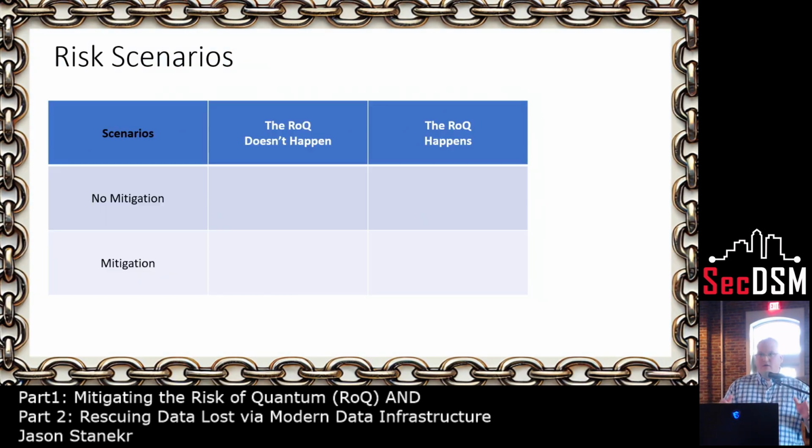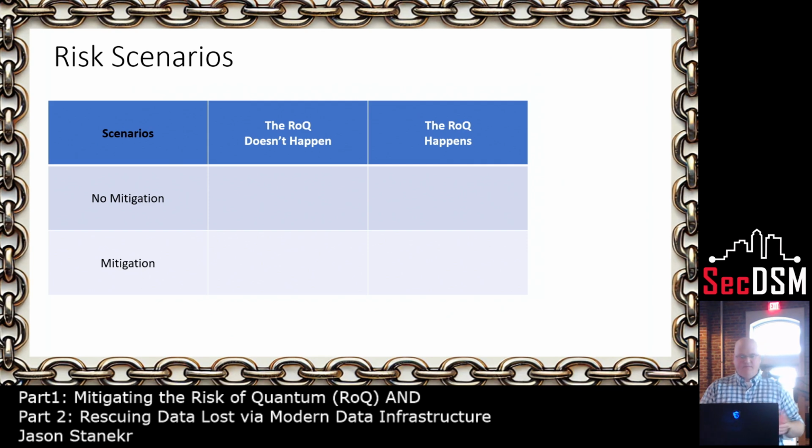So here I have a grid. On the top are two events or two possible events that could happen that we don't control, okay? And on the left side, there are things that we can potentially do, all right? So on the top, it's either the RoQ, this risk or rise of quantum happens, or it doesn't happen.